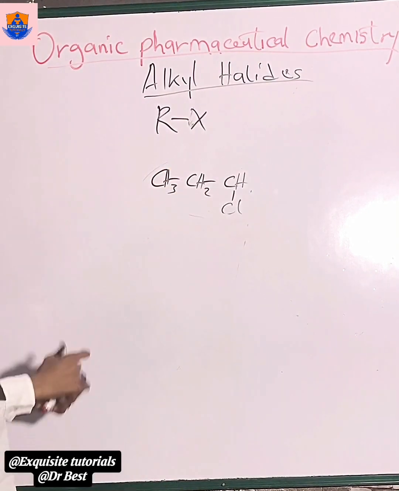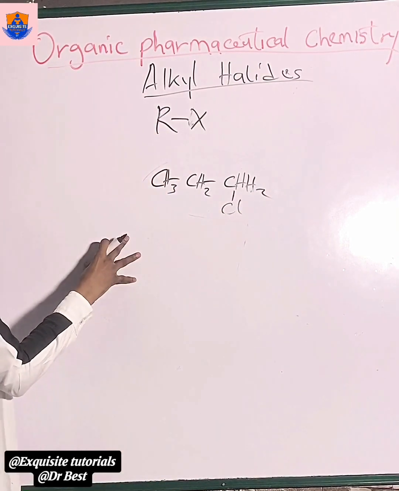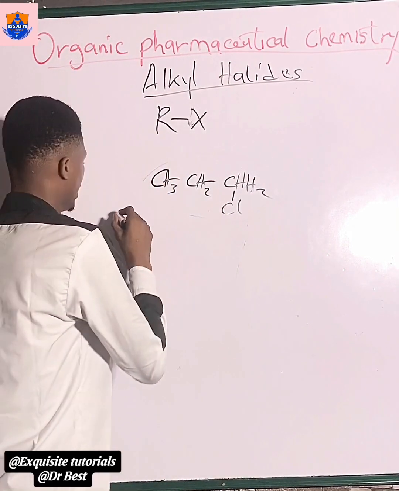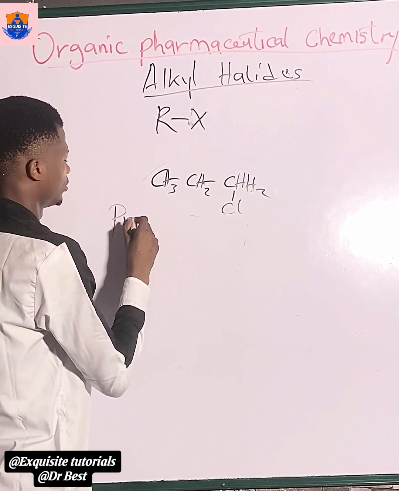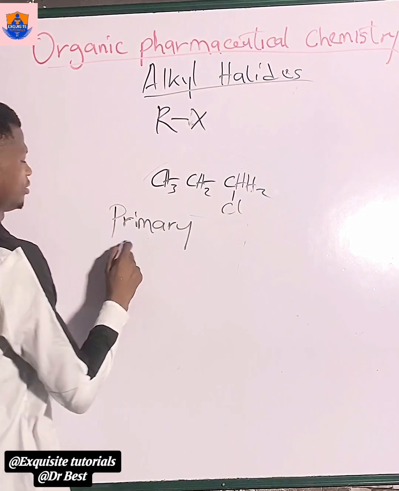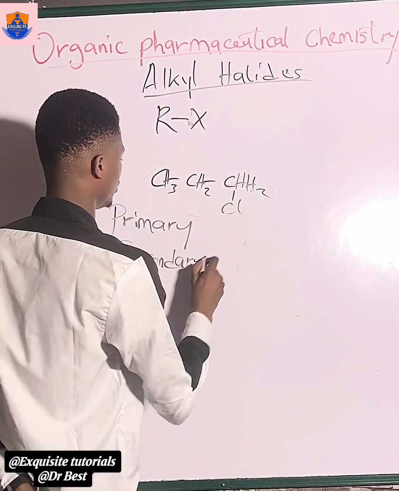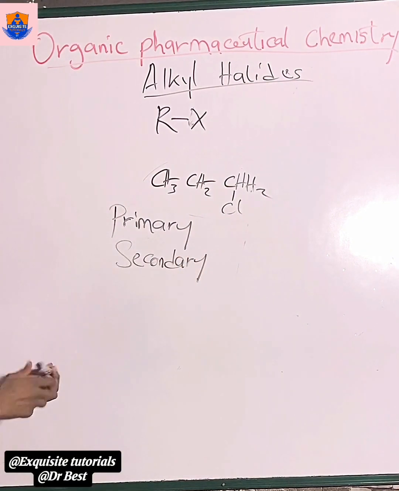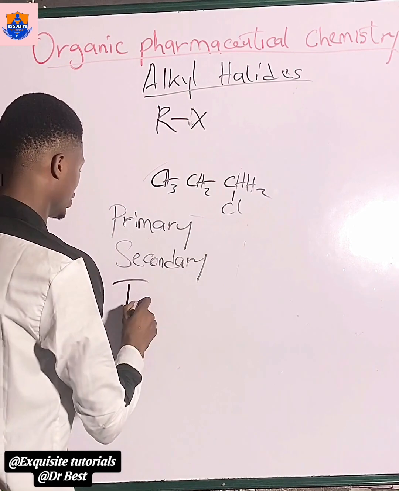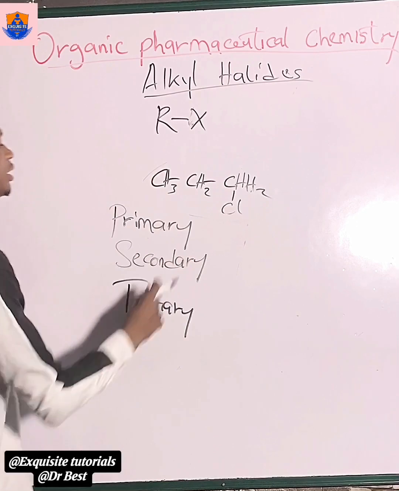Now let's go further. Alkyl Halide can be of three types. We can have your primary Alkyl Halide, you can have your secondary Alkyl Halide, then you can have your tertiary Alkyl Halide.